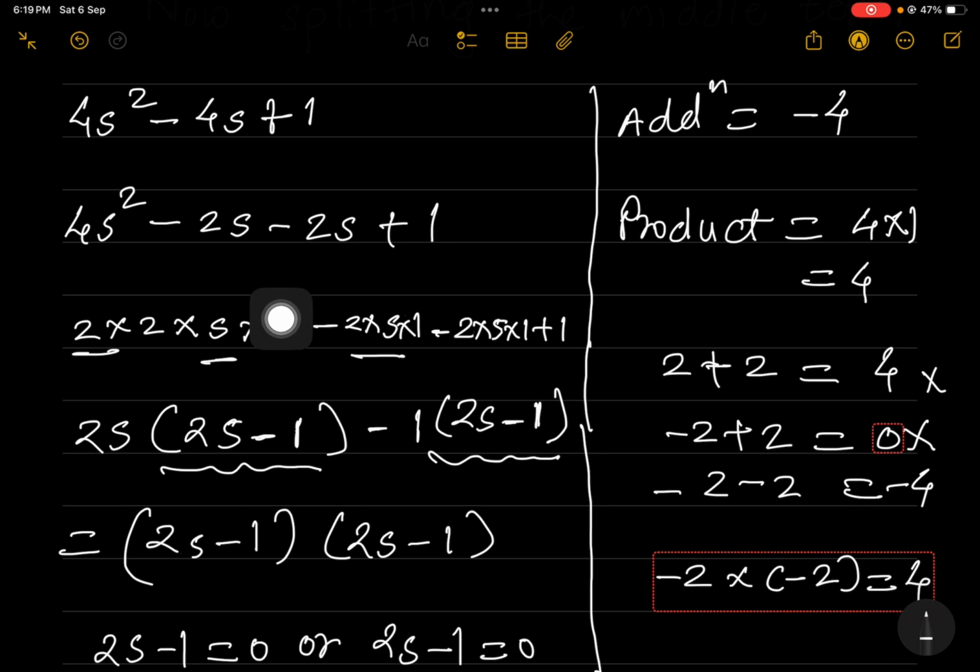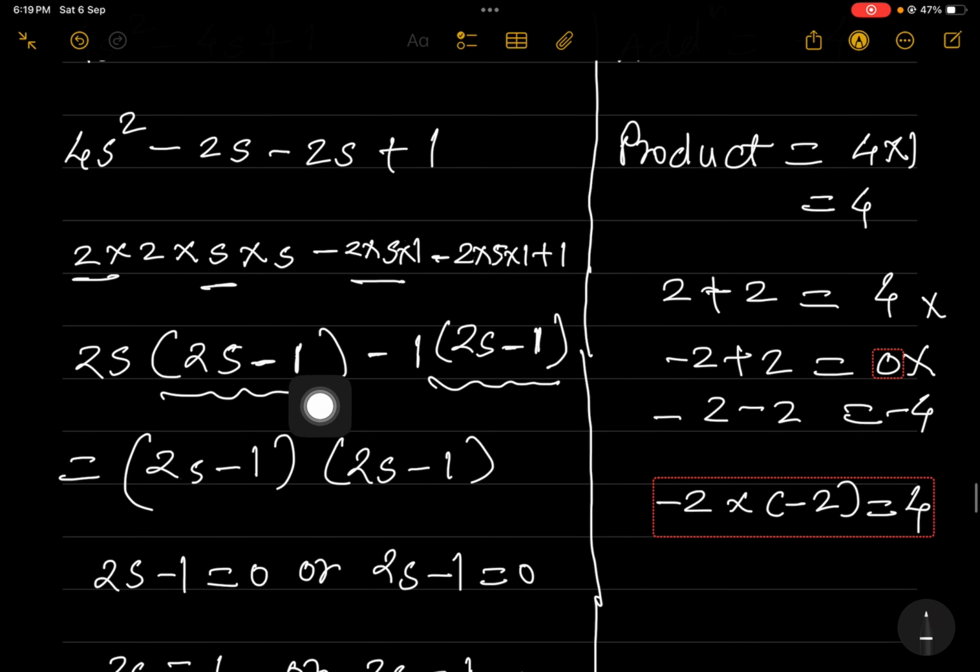Small numbers are there, but you will understand how to factorize this. Now this 4 means 2 into 2 and s square means s into s. For your understanding I am writing, no need to write this step in the exam. Directly you can start from the next step, but for those who don't know how to find this factorization, for that purpose I am giving it.